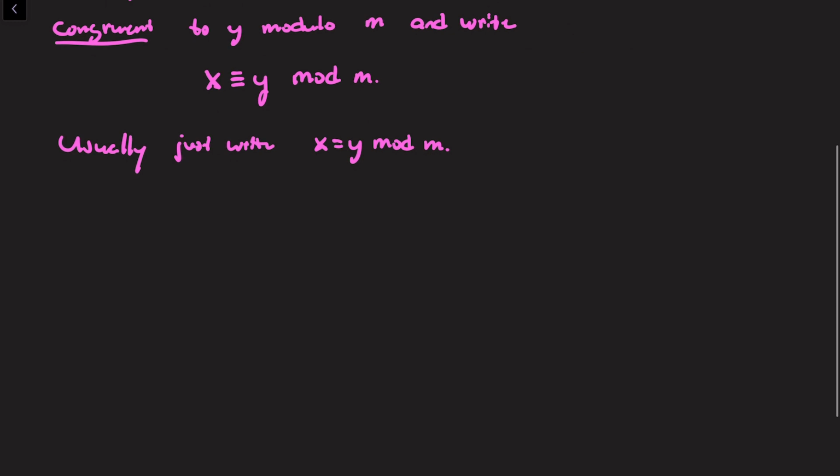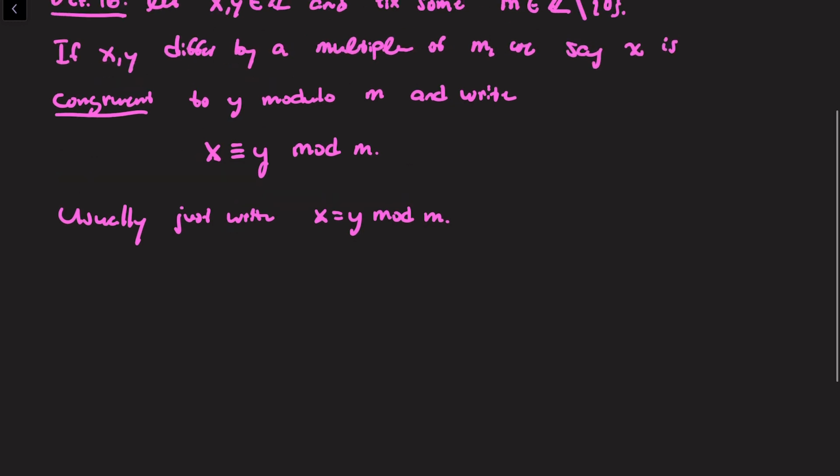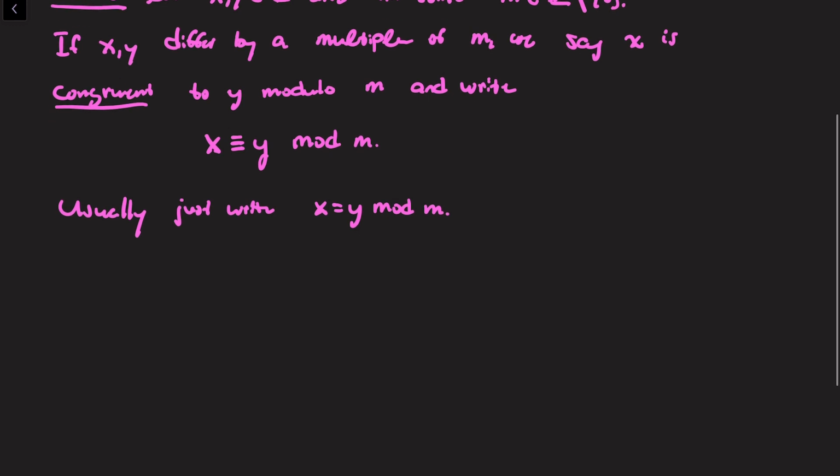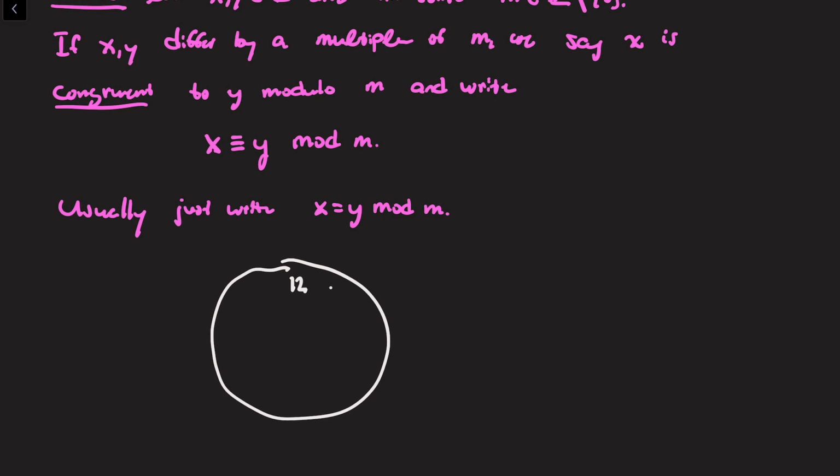One way to think about this concept of congruence is with a clock. If you have an analog clock, you have these numbers around it.